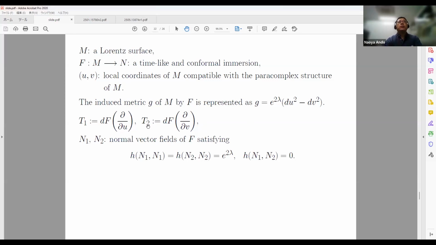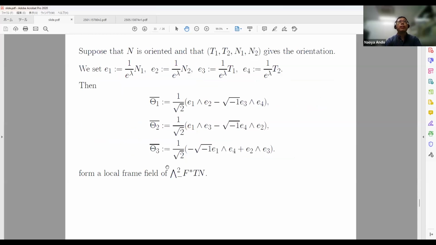Let T1, T2 be like this, and N1, N2 normal vector fields of F satisfying these conditions. Suppose that N is oriented and that this ordered local frame field gives the orientation of the space.